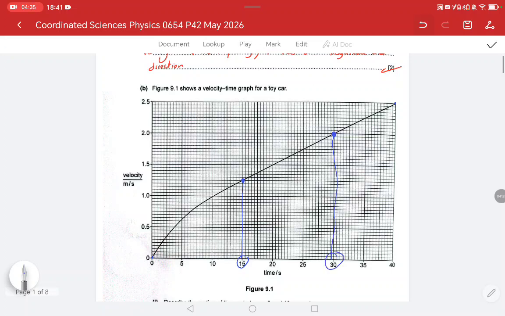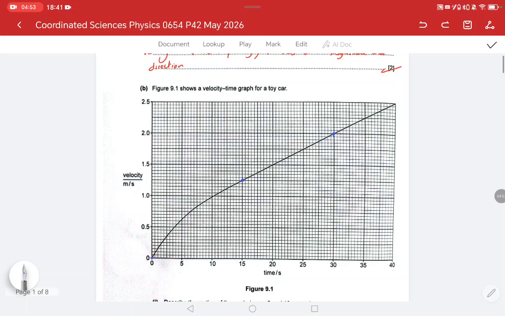Since it's from these 2 points, and as you see these 2 points are exactly on integer coordinates, use these 2 points to find the gradient.